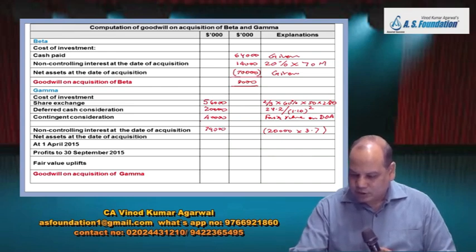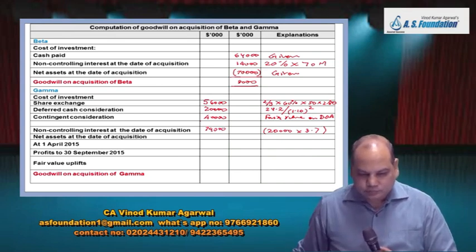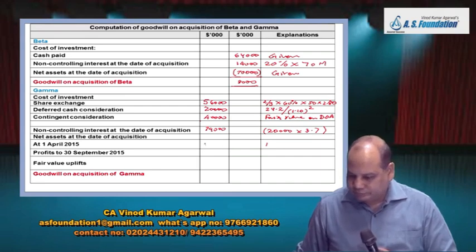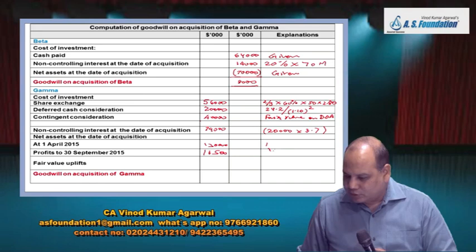Now for that there is a calculation. On 1st April, it was 1,30,000. Okay. Then 6 months profit. Take half of 33,000. 16,500. In explanation column, you can write 1/2 of 33,000.